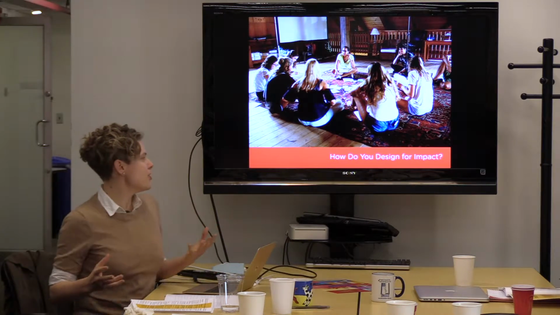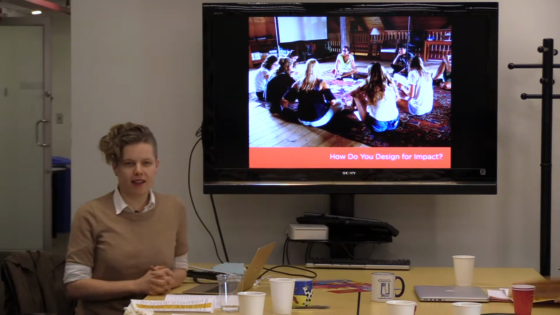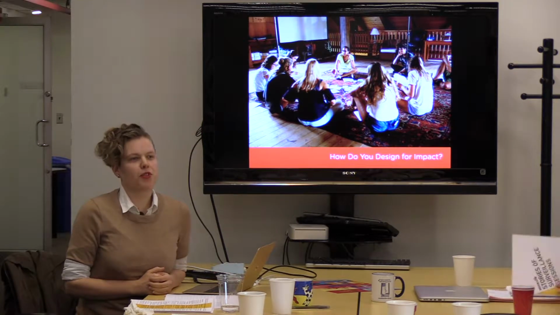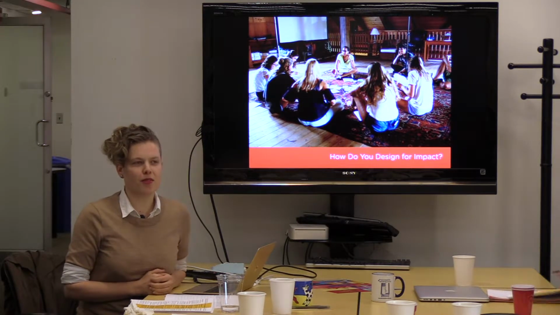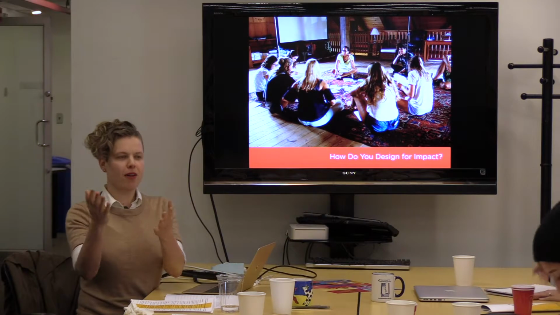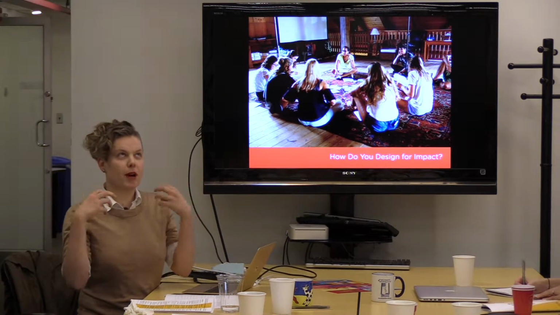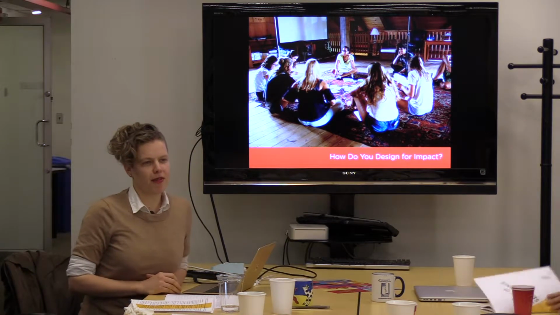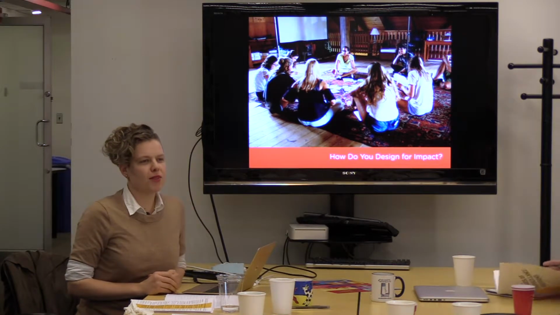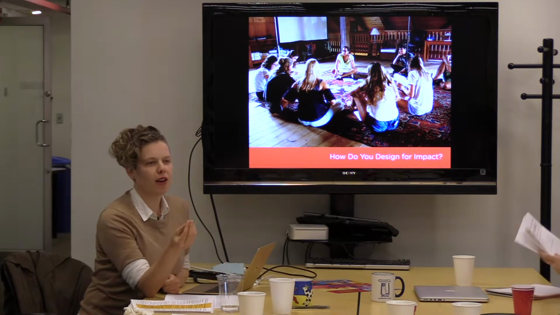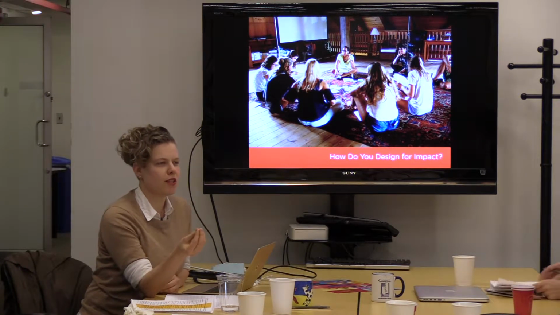So impact strategy or impact design is something that you're probably already doing, or almost certainly are already doing, even if you're not using that term. You're thinking about the social change you want your media to achieve, and you're making assumptions about what you think you will need to do in order to get there. So some of you in your presentation talked a little bit about the outcomes or the social change you want to achieve.